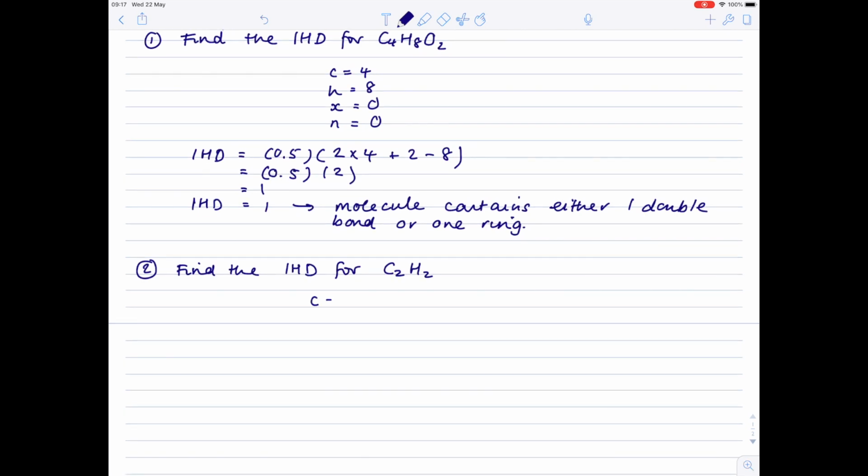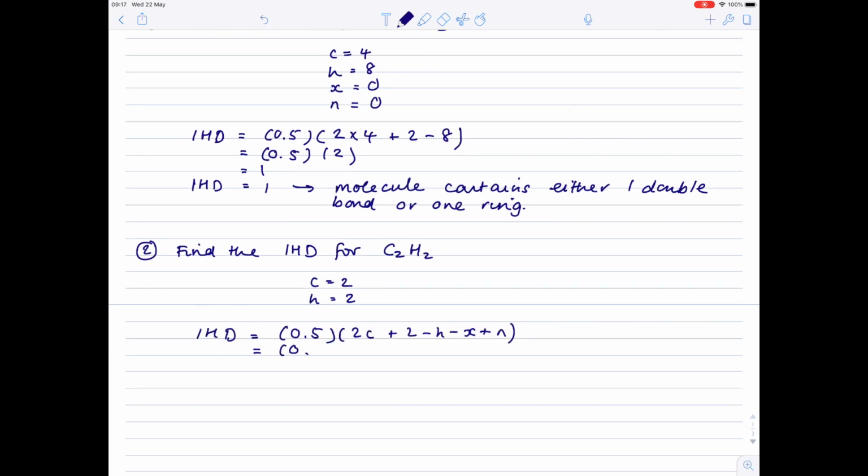So now we're being asked to find the index of hydrogen deficiency for C2H2. So we'll identify the number of carbons is 2, the number of hydrogens is 2, using the formula. So 2 lots of carbon is 2 times 2, plus 2, minus 2 because we have 2 hydrogens. We don't have any halogens, we don't have any nitrogens. Sort out that bracket. 4 plus 2 is 6, minus 2 is 4.